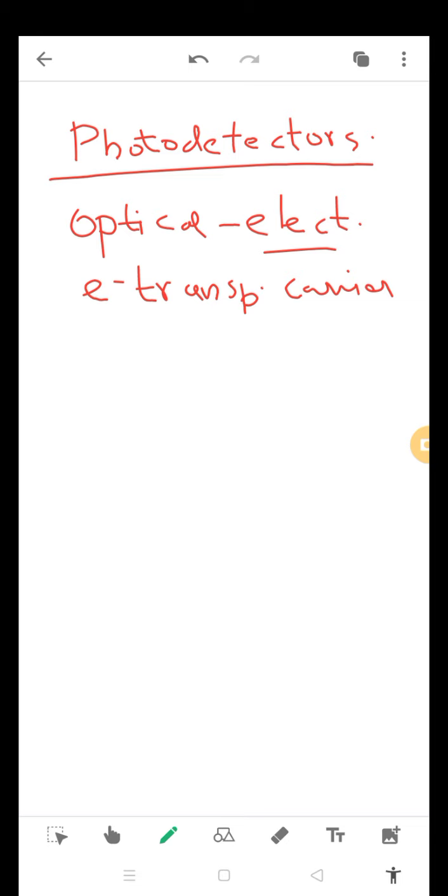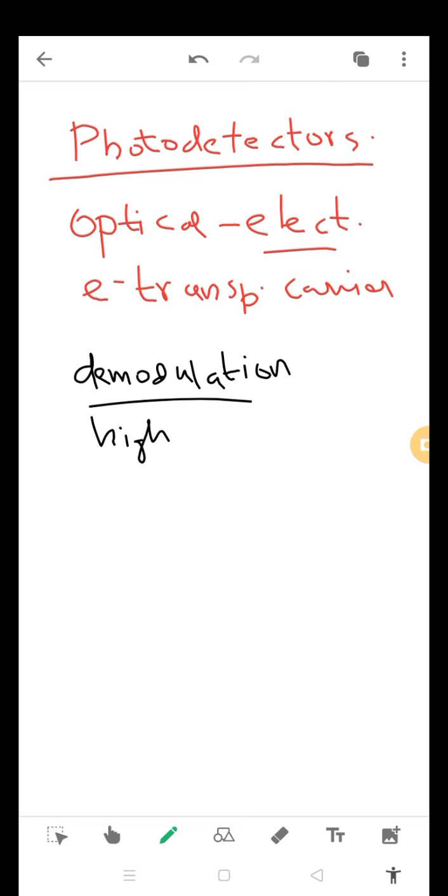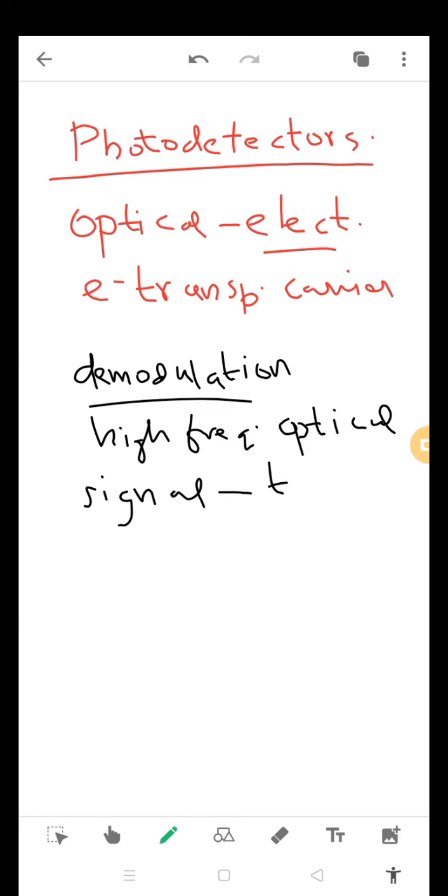Now we also have something called demodulation, where a high frequency optical signal is converted to a time varying electrical signal.